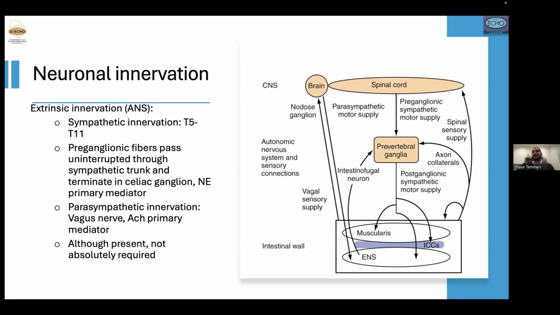These fibers interact with the spinal cord and prevertebral ganglia, and they respond to various stimuli from the gut lumen itself, the muscular layer, as well as from supratentorial input. Although this complex network of extrinsic innervation is present, it's not absolutely required for the day-to-day functioning of the enteric nervous system itself.